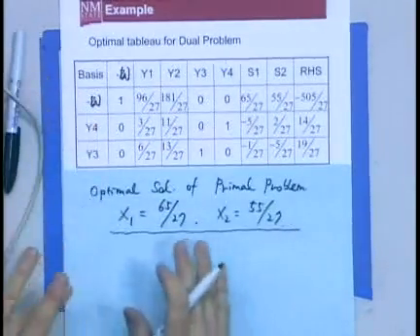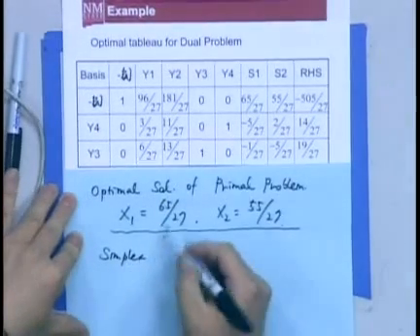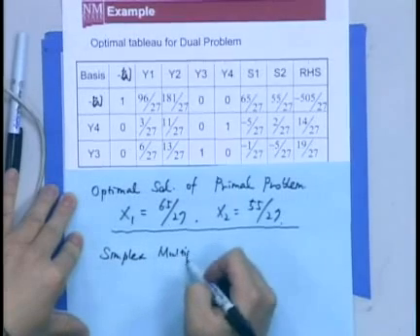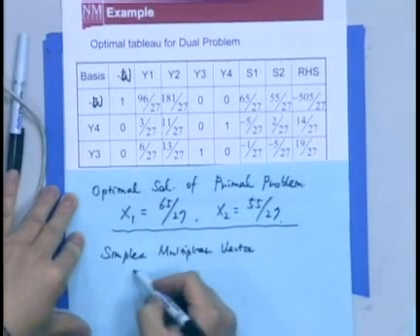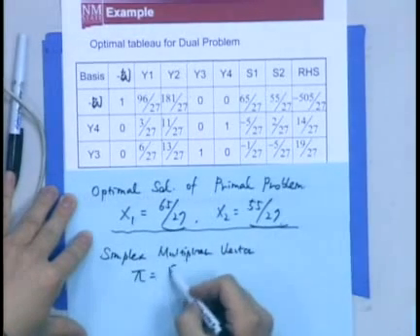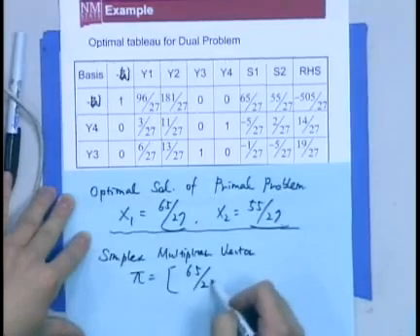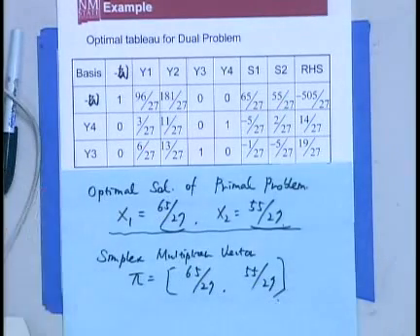I will show you in a minute with the simplex multiplier vector. Pi is this value, which is 65 over 27, 55 over 27, okay?